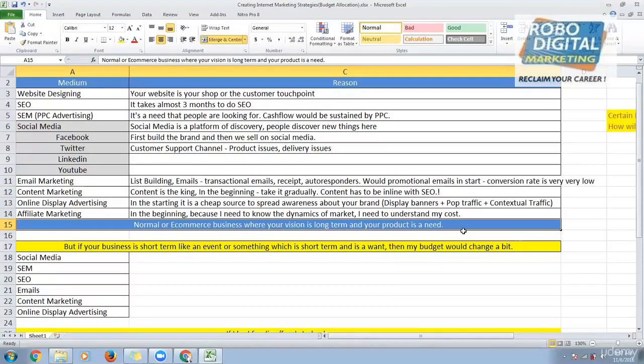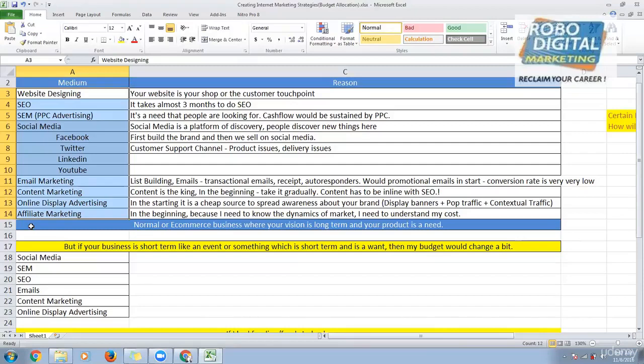Let's say I give you 100%. Then you have to divide it into all the ways of marketing which I have told you. So how will you divide your budget according to these options I have given you, because these are the only options to market.